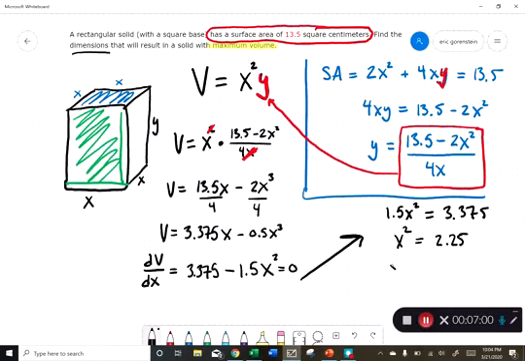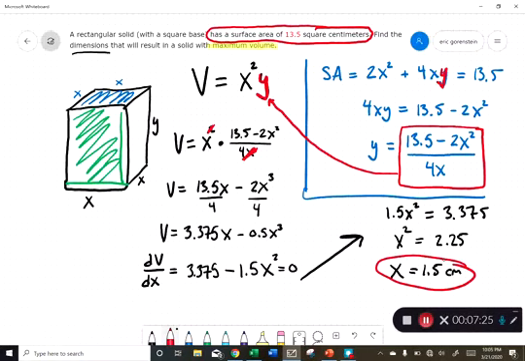In this case, we don't need the plus or minus because x is a physical quantity that can't be negative, so we'll take only the principal root, the positive root, and that should be 1.5. And that's 1.5 centimeters. So if x is 1.5, the volume is maximized.